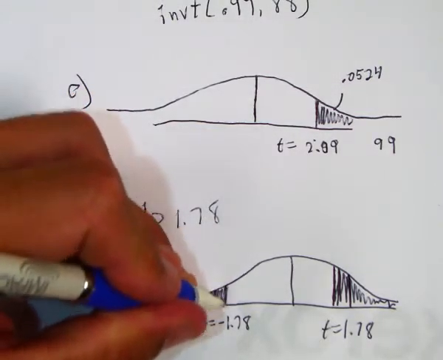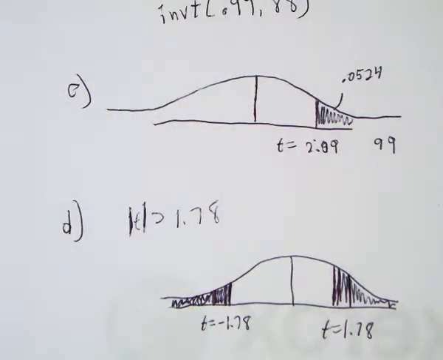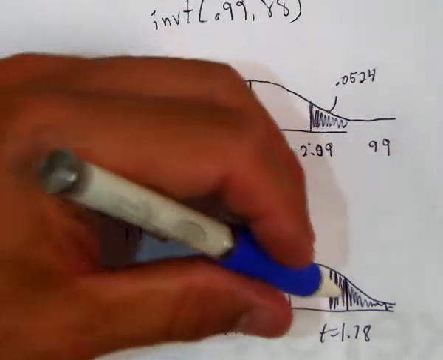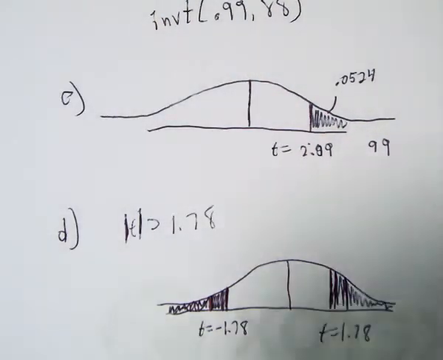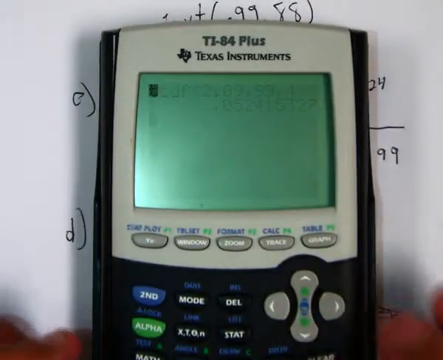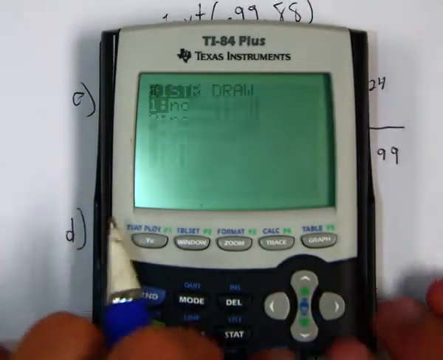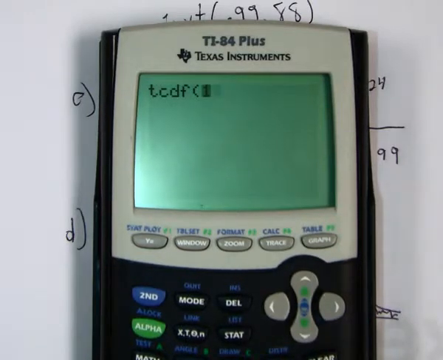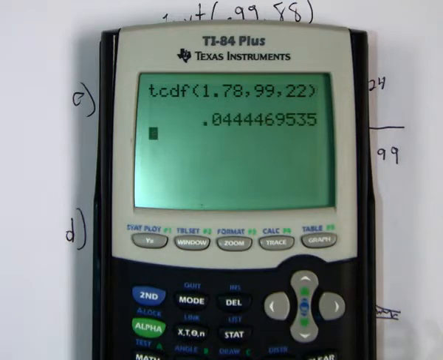Okay. You're not going to see too many problems written like that, but just don't get all worked up about it. So all we're going to do, guess what? These two areas are the same. So all we're going to do is we're going to say, okay, calculator, find the area from 1.78 to 99, and then we're going to go 22 degrees of freedom, and then we're going to double it.